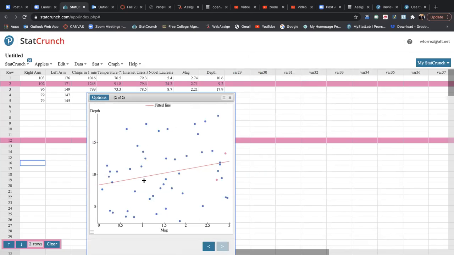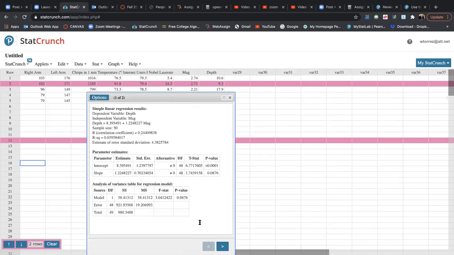Here's the data. Look at this. It's doing its best, isn't it? Okay, this scatter plot doesn't look very linear, does it? Okay. The correlation coefficient is not large, but certainly it's different from 0. Okay.